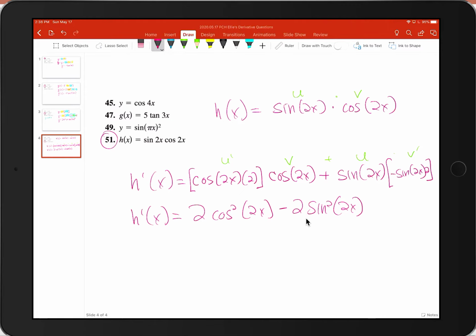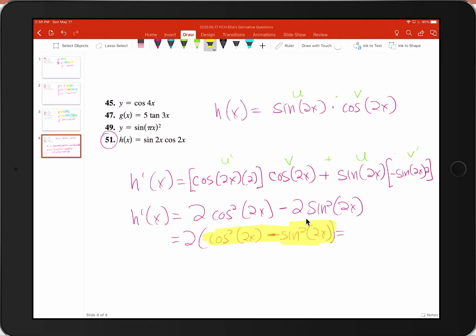Because if you factor out a 2, you might recognize that you've got cosine squared of something minus sine squared of something, and that's an identity.